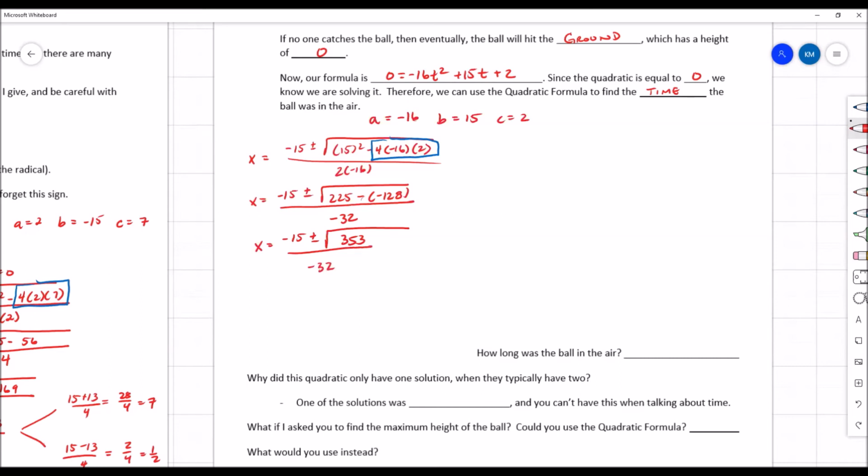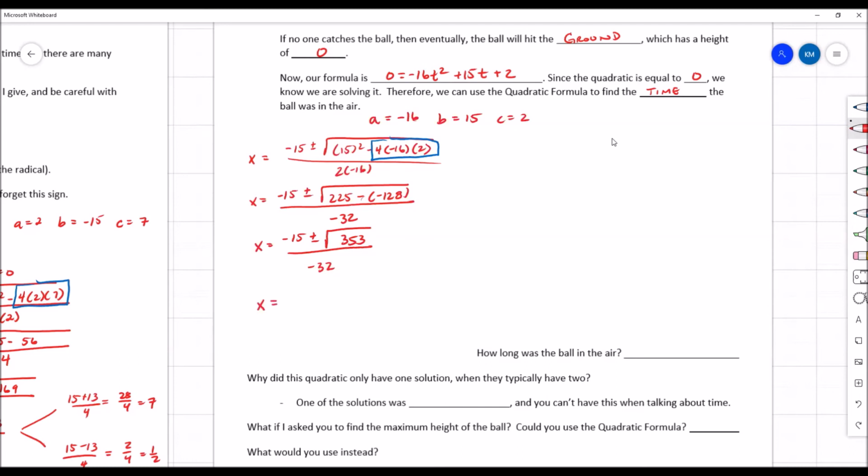Now, the square root of 353 is not a nice number. You might be tempted to simplify radicals, but I'll help you out and say that when talking about how much time something takes, typically we don't speak in terms of radicals. This would be a situation where we want a more numeric, more understandable answer.